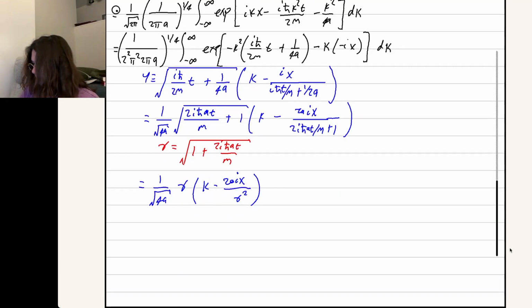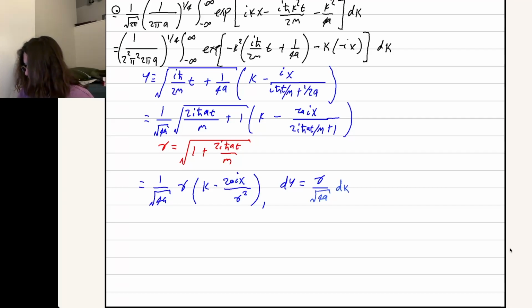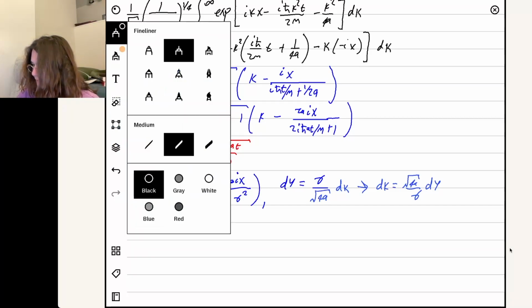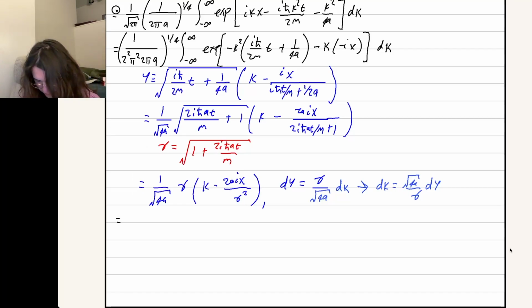And we can very quickly take the derivative of this, so dy will be gamma over root 4a dk, and we can quickly just say that dk is now just root 4a over gamma dy. And we can actually rewrite our integral now in a way that's nice.